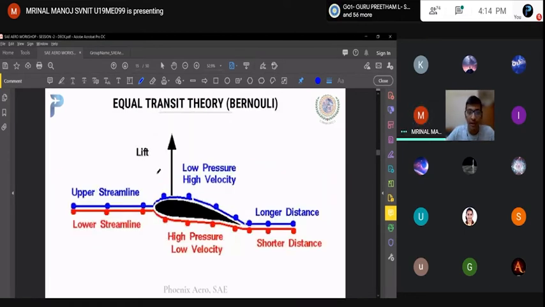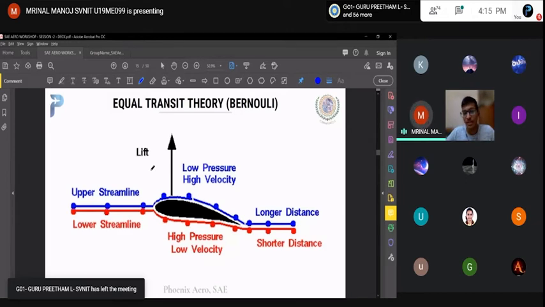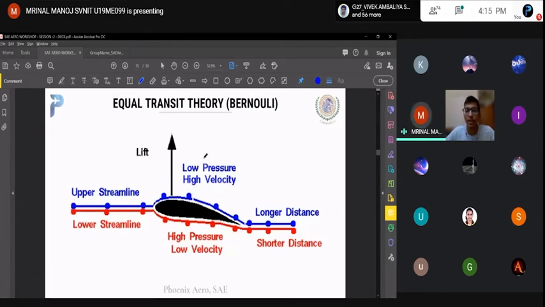So moving on, the equal transit theory. Now we have seen that there's a low pressure on top, a high pressure below, and due to Bernoulli's principle, lift takes place. But the fact is, think about how a paper plane flies.